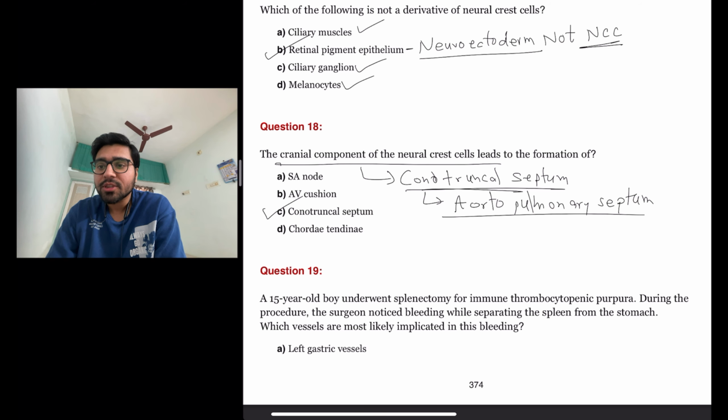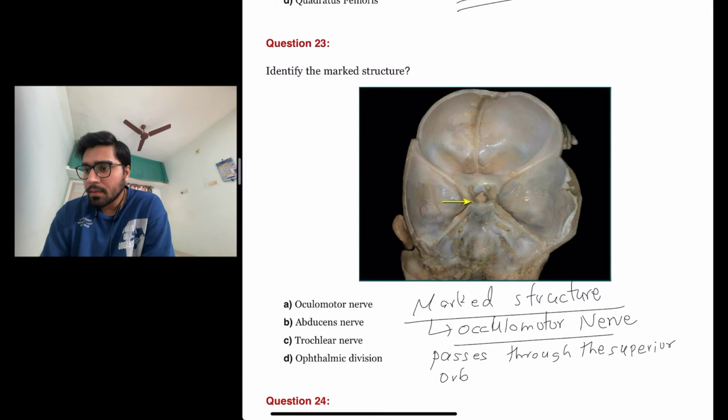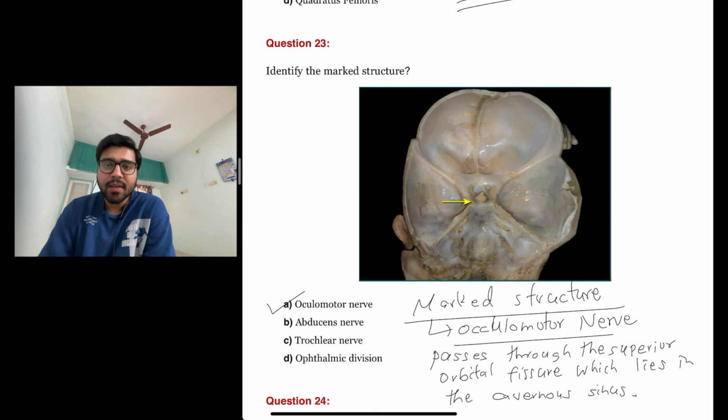So this marked structure is known as oculomotor nerve, and oculomotor nerve passes through the superior orbital fissure which lies in the cavernous sinus. So the answer here is A, oculomotor nerve.